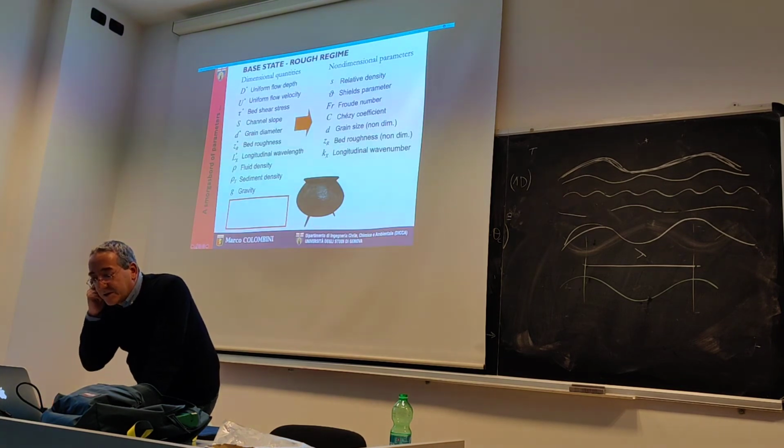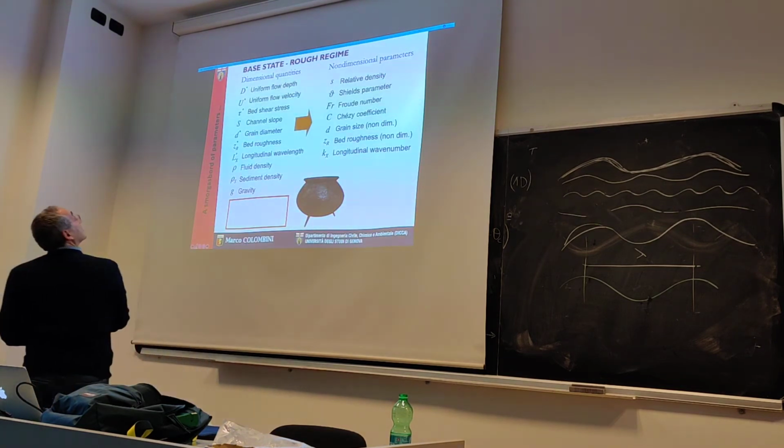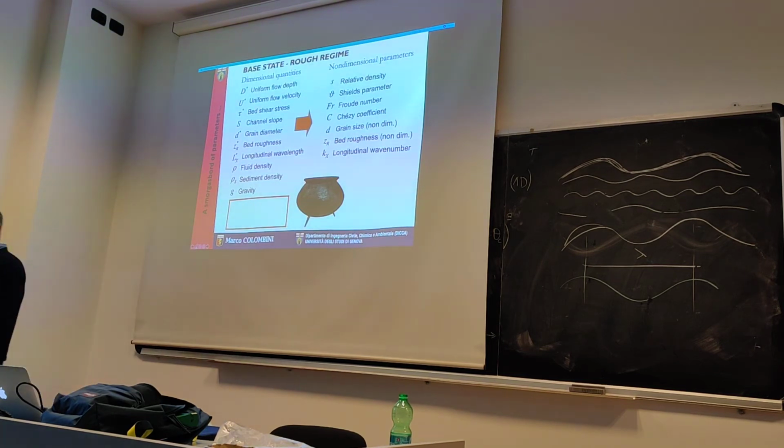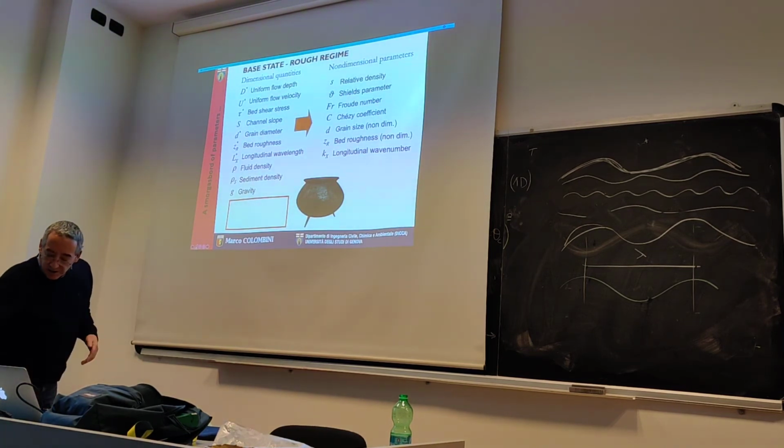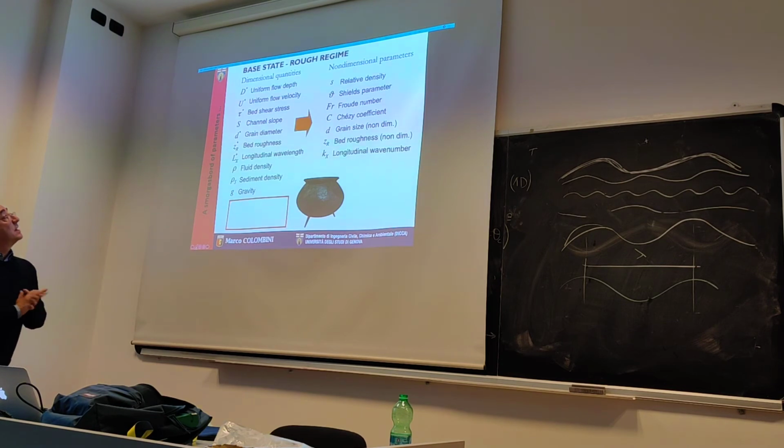This is exactly what I want to bring you: the story of the parameters. When you study any physical phenomenon, there are many dimensional quantities involved. Does everyone know what dimensional or non-dimensional means?